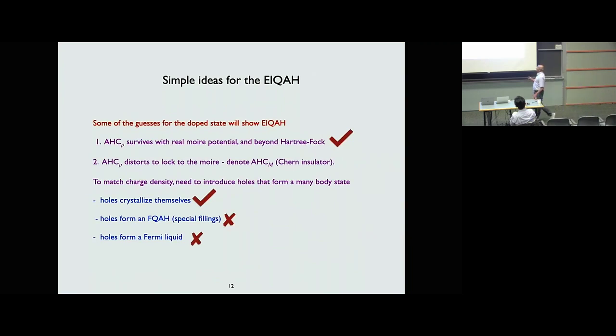Right? So that's a candidate. Amongst these states, where you're doping holes into the nu equals 1 state, if the holes crystallize, then again the impurities or something else will pin that crystal, and you'll again get an integer quantum Hall state. Of course, we're not seeing a fractional quantum Hall state, so it's not this, and it's not a Fermi liquid either.